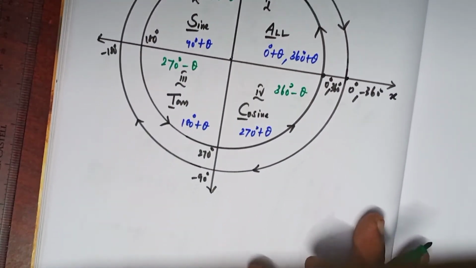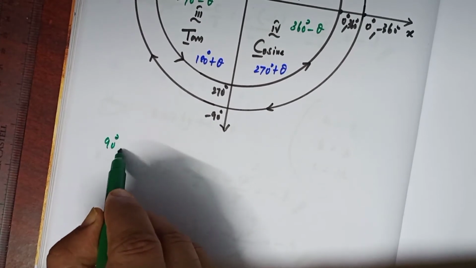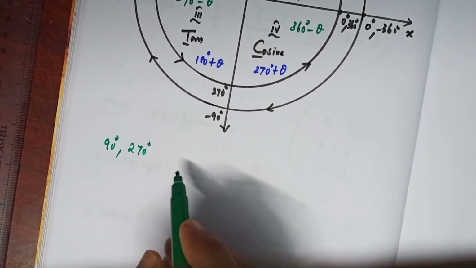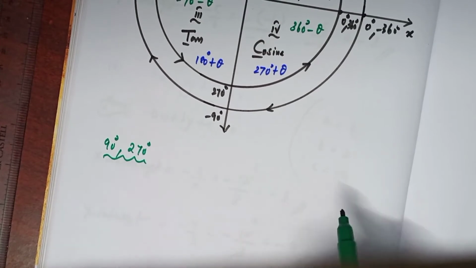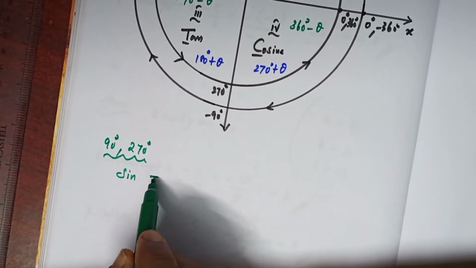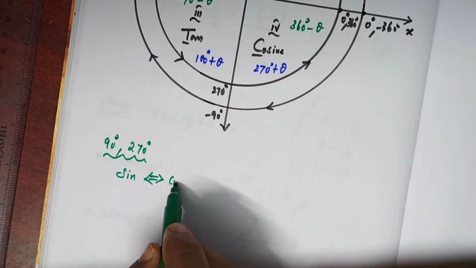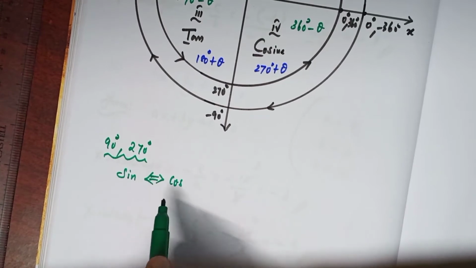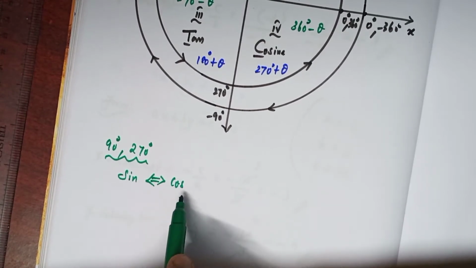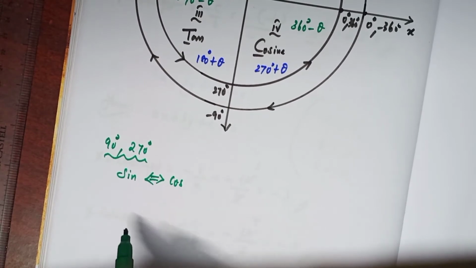Now for 90 degrees and 270 degrees, remember, sine becomes cos, cos becomes sine. We have to change that, sine theta into cos theta, cos theta into sine theta.